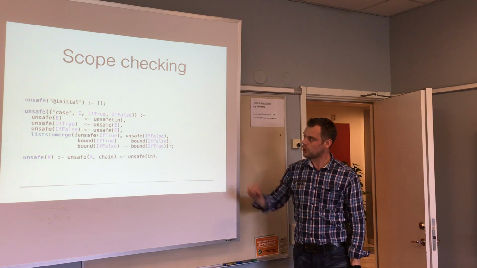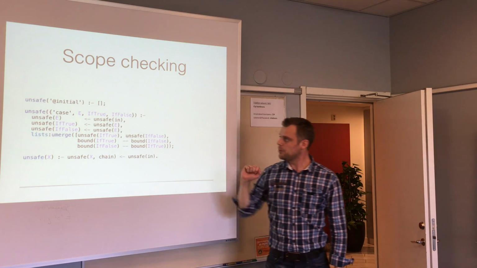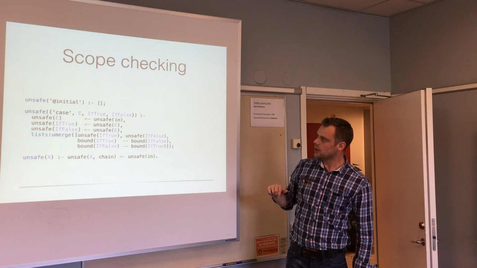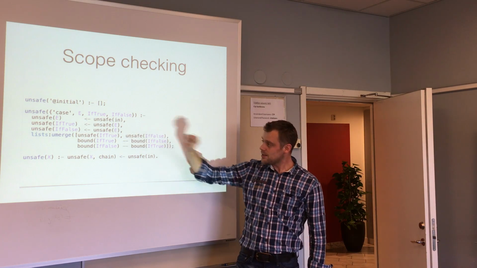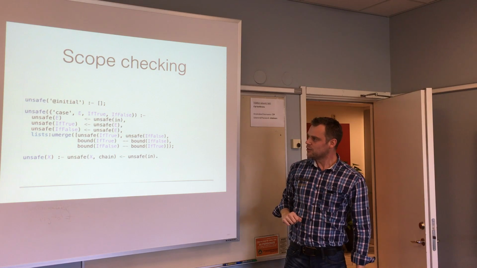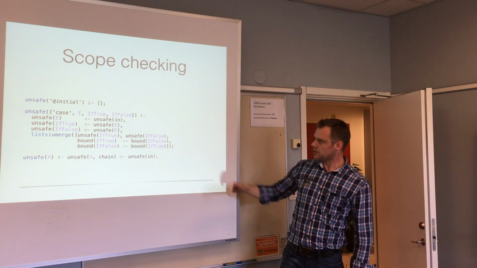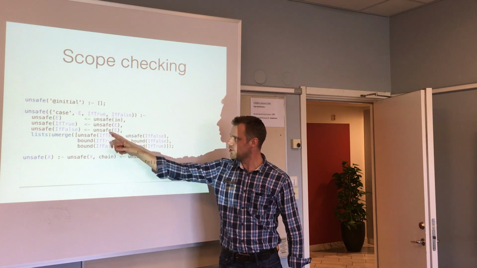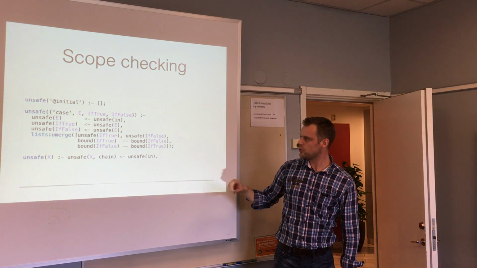Unsafe. We start with the empty list again. And in case of a case, we're going to first give it to the expression, then to the if and the false. But this is the interesting bit. So we keep the unsafe variables from the true and the false.